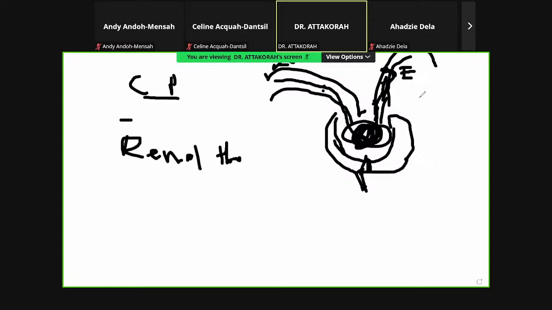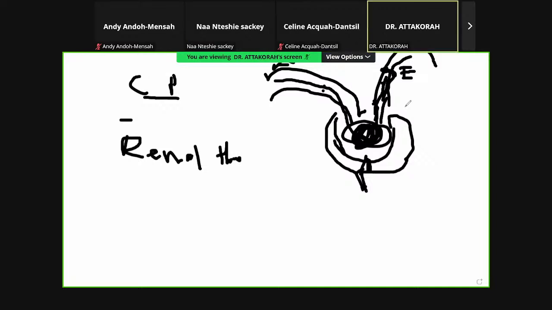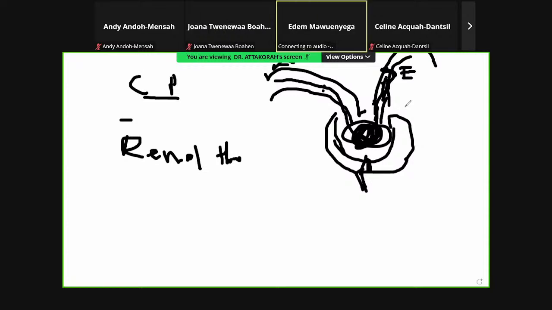Who can explain why the lumen here at the efferent should be smaller than the afferent? Because the afferent is wider, you have more blood coming inside, and then you have less blood leaving.